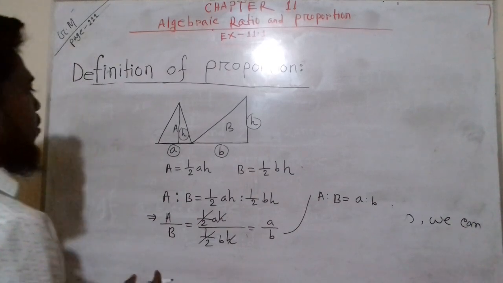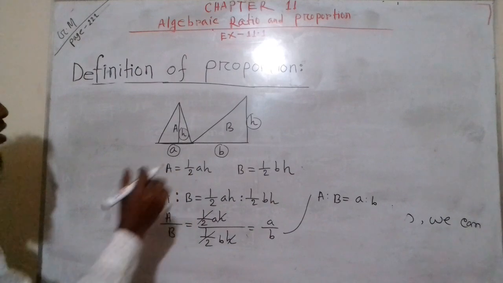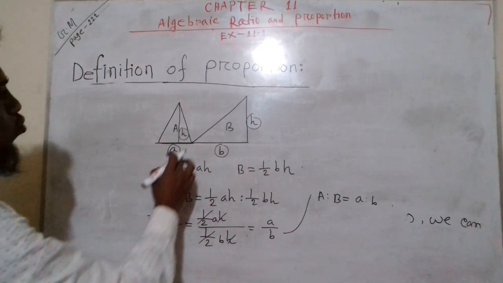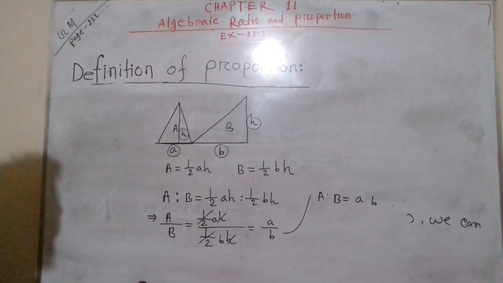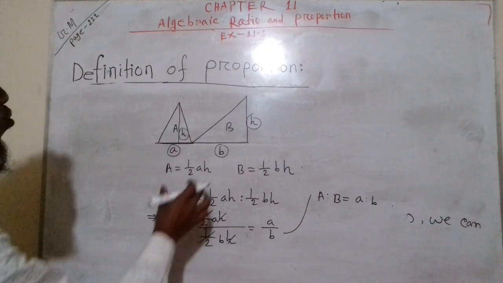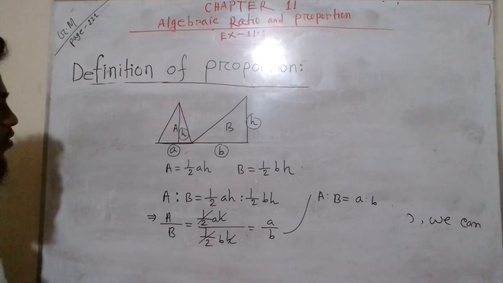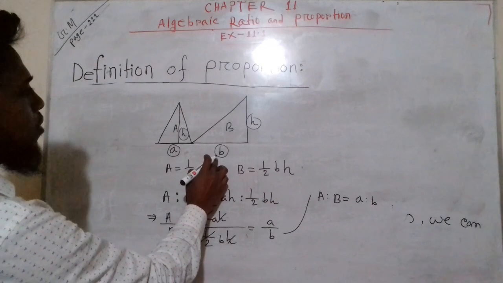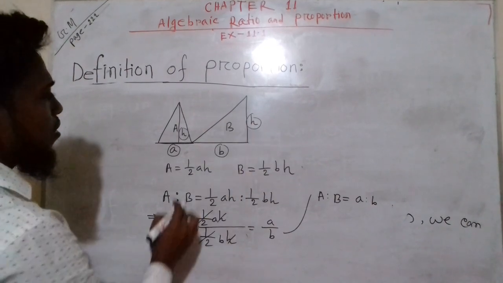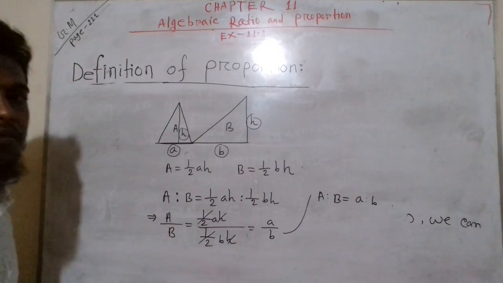So four quantities make a proportion if two quantities are the same kind; the four quantities need not be the same, but two quantities need to be the same kind. So the four quantities a, H, b and H make a proportion for these two triangles.